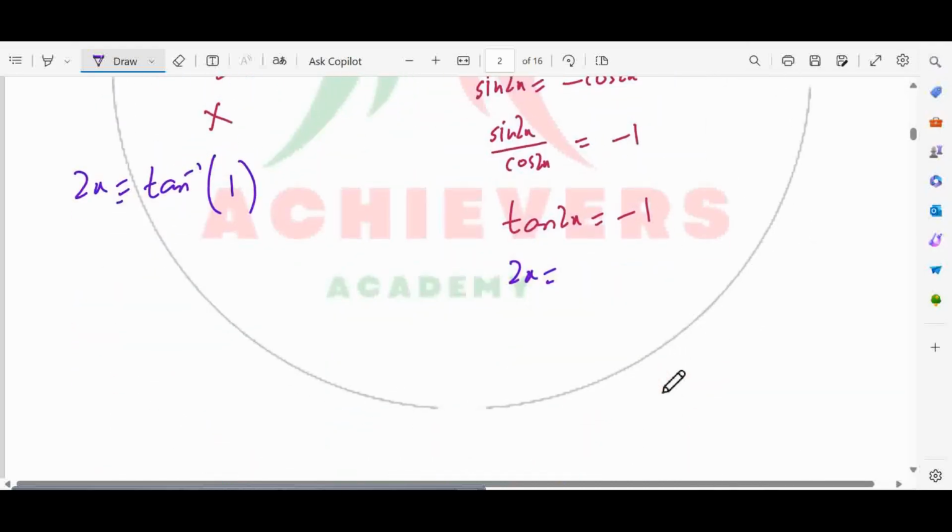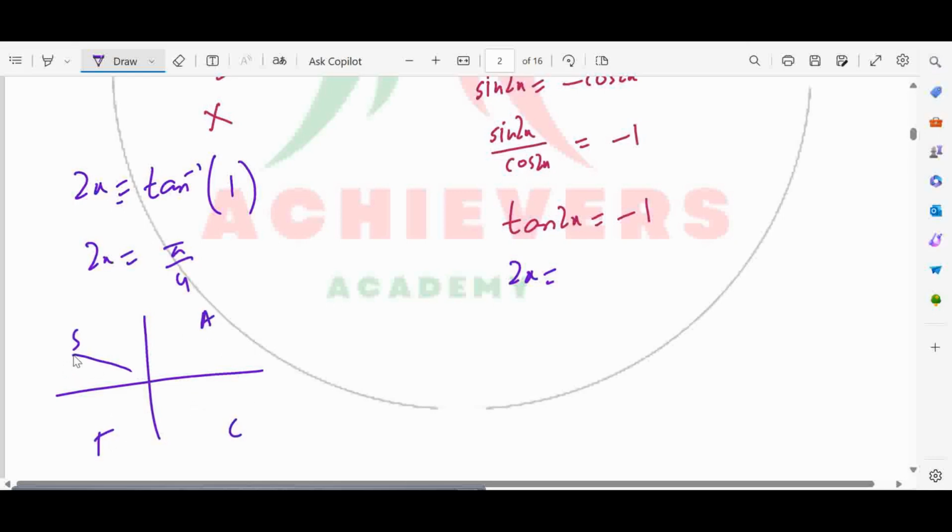Now the reference angle is pi by 4. So we need to use that tan is negative. Tan is negative in two quadrants, CAST. Tan is negative in this one and in this one.